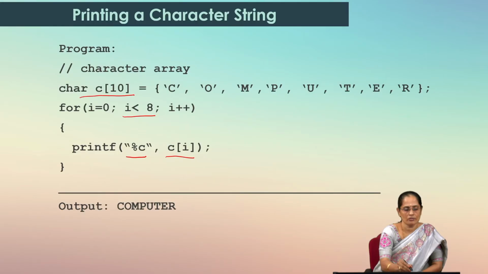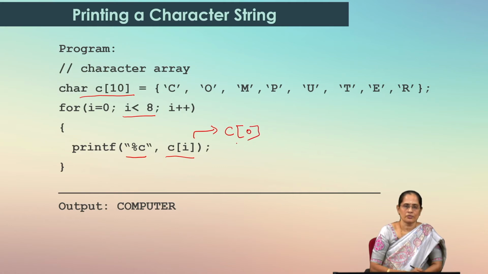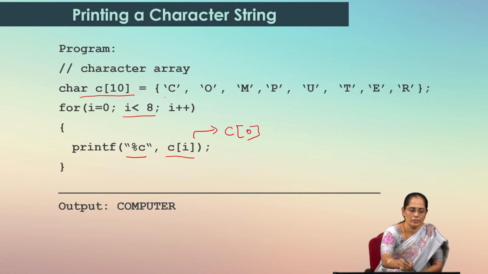Every time the I value is incremented, it automatically retrieves the character at that particular index. Initially C of I points to C of 0, because I is initially 0, so C of 0 is the character C. That would be given as the output.